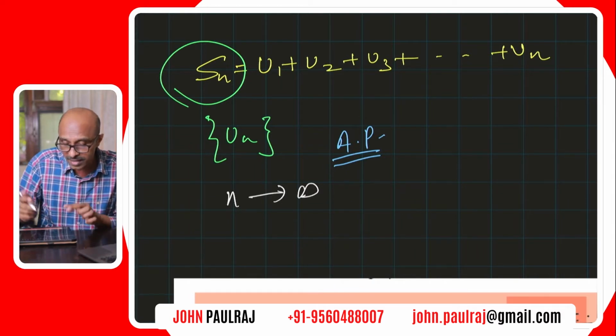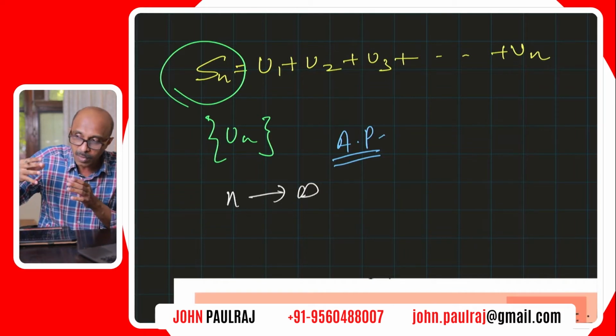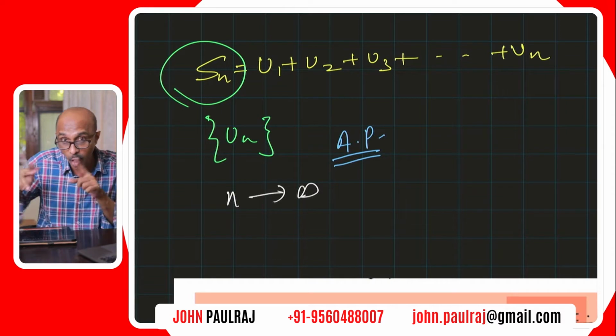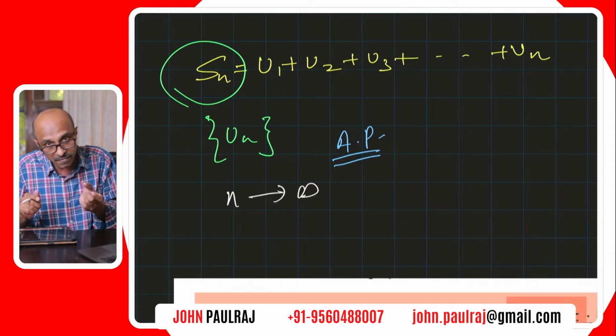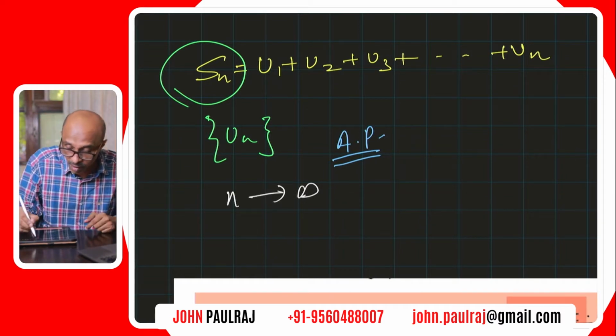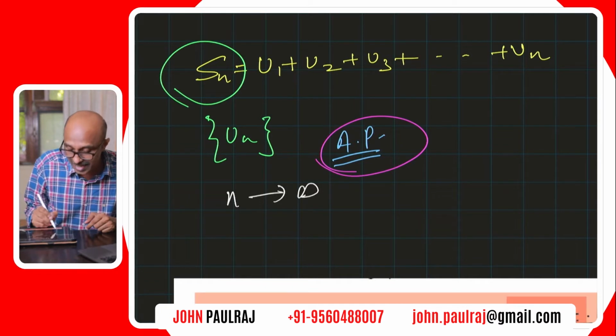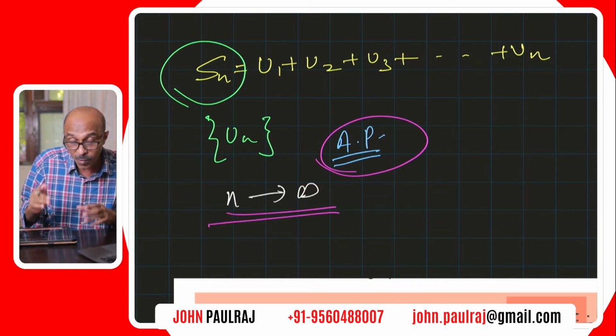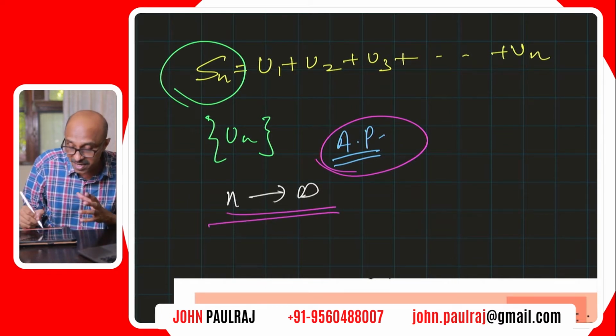So either the sum is going to grow large towards the positive direction, that means positive infinity, or that negative difference that we keep adding is going to take the sum towards negative infinity. So for an arithmetic progression, as n approaches infinity, we say that the series will never converge.